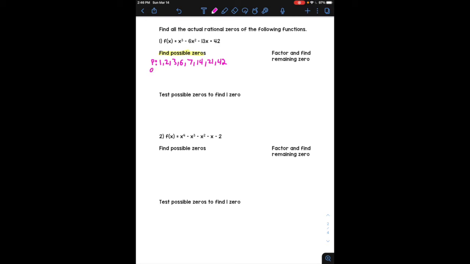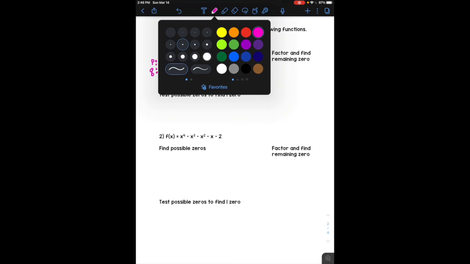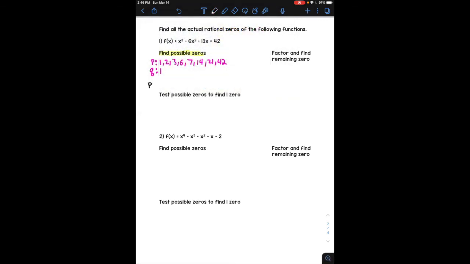And the q values in this case, which is just 1, therefore all the possible rational zeros, p divided by q, is positive negative 1, positive negative 2, positive negative 3, 6, 7, 14, 21, and 42.